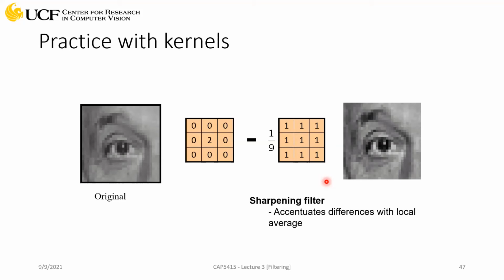What this sharpening filter is doing is pushing the intensity of the current pixel away from the intensity of the neighborhood. And that's how it's sharpening, right? That's the subtraction here. If you just increase the intensity, then every pixel will be bright. It will not be sharpening. It will be intensity enhancement.